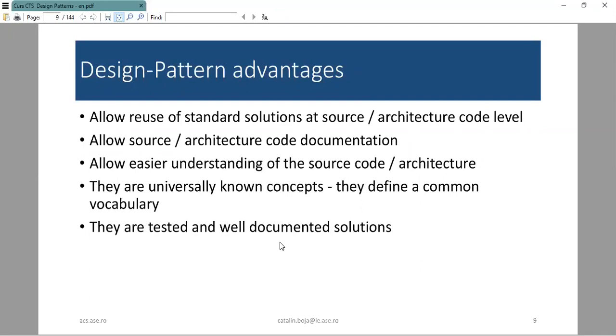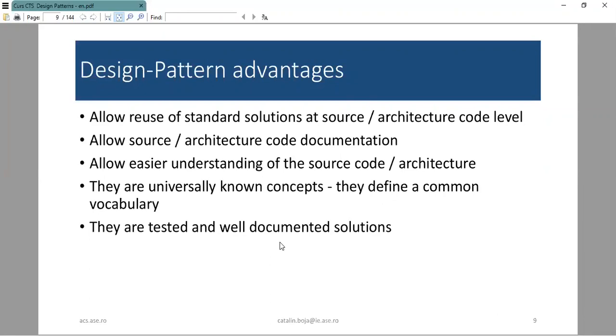You are already saying a lot of things about your solution. You don't need to describe the purpose of that class or that interface. They will see the pattern there because it has a standard implementation, and that will be the UML diagram that we will use for each pattern.